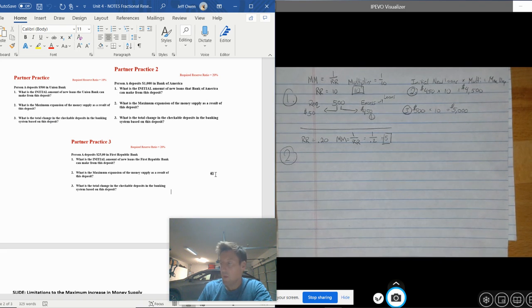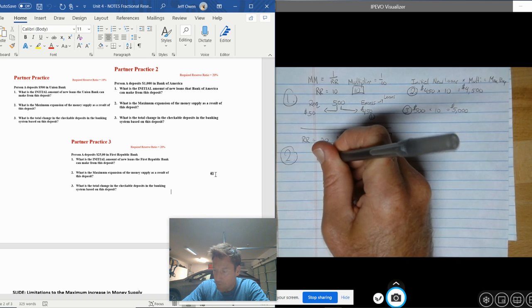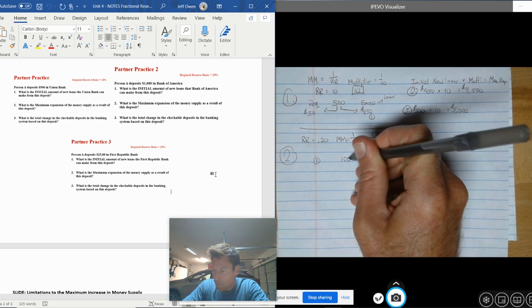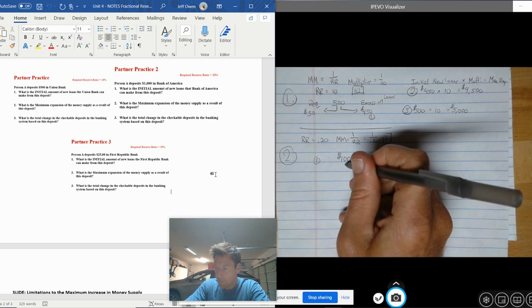And this time, there's 1,000 in here, so you know the calculator's coming out. Person A deposits $1,000 into Bank of America. What is the initial amount of new loans that Bank of America can make from this deposit? Same question again. Person A decides to deposit $1,000 into the checkable deposit of Bank of America.